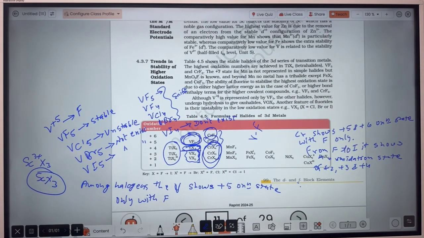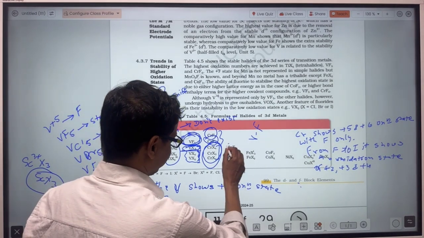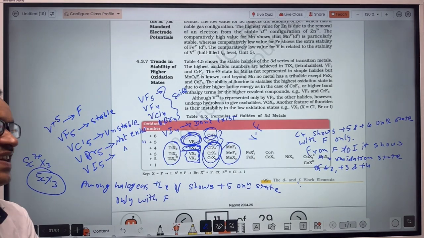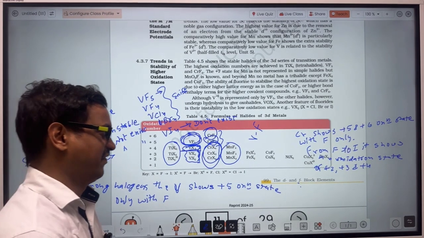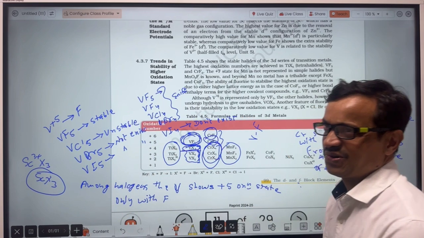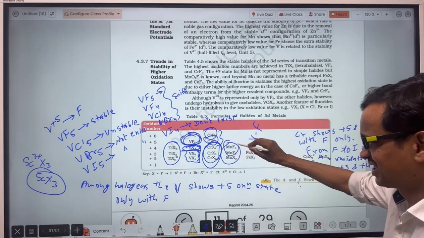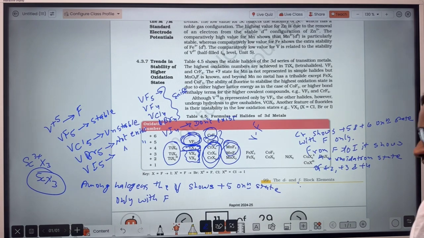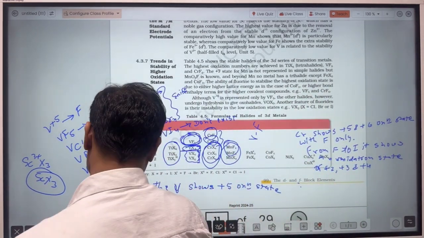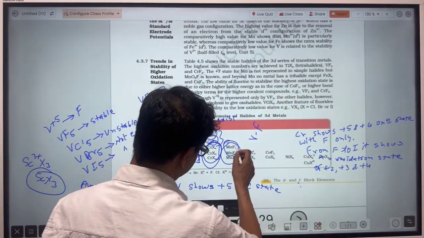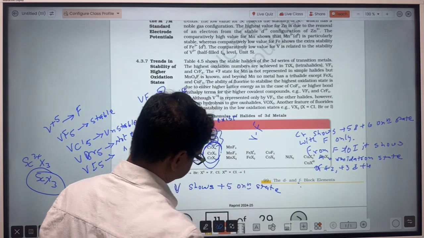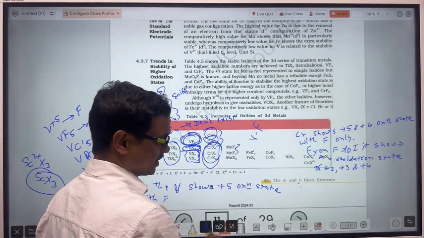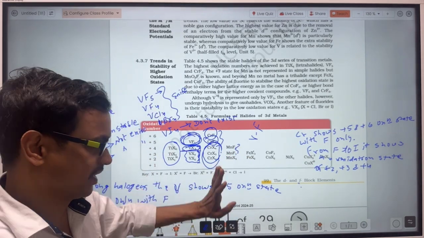Then when you come to manganese, the maximum oxidation state of manganese is +7, but with halogens it shows only +4, and that only with fluorine. Among the halogens, +4 is only with fluorine, and +3 also with fluorine.